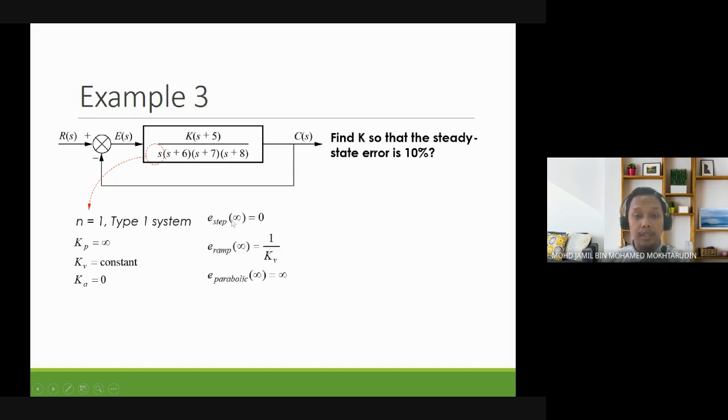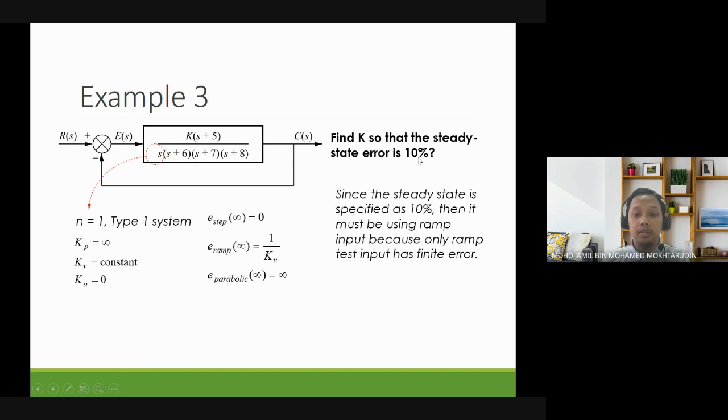And we have the steady state error. We want a 10% steady state error, meaning that we must use a ramp input, because if you use a step input, then the steady state error is 0, and for a parabolic input, the steady state error is infinity.